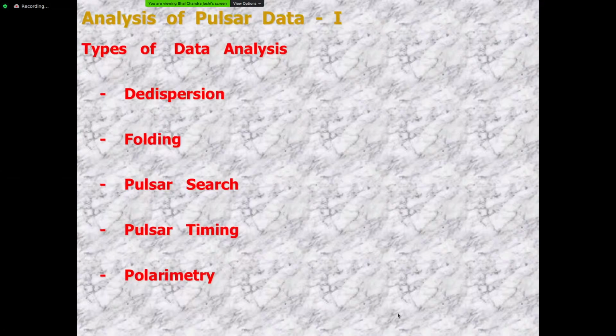Now, in the case of an incoherent array sum, you are looking at noise not from just one telescope, but from a combination of telescopes. In the case of GMRT, let's say you're looking at 16 or 30 telescopes.